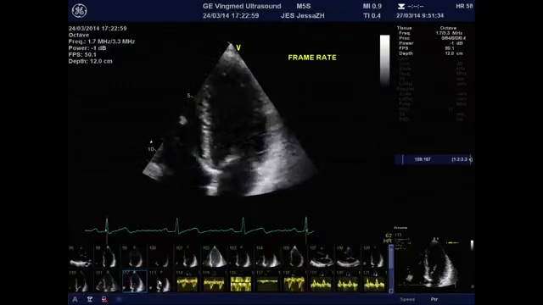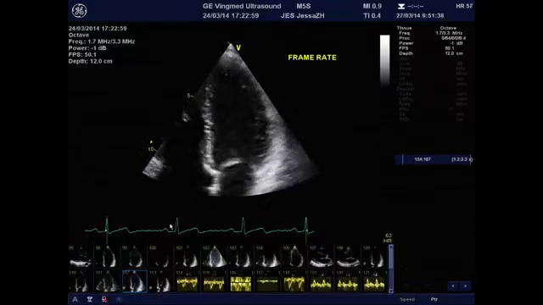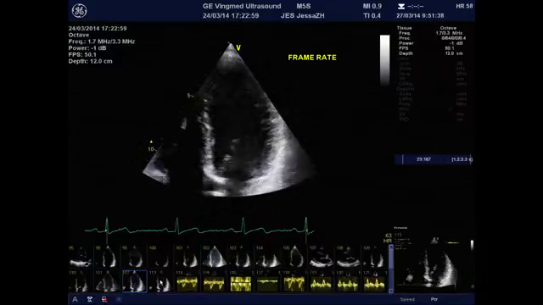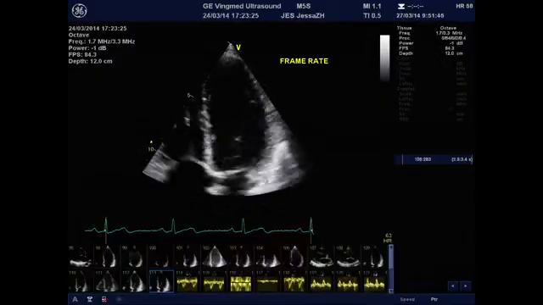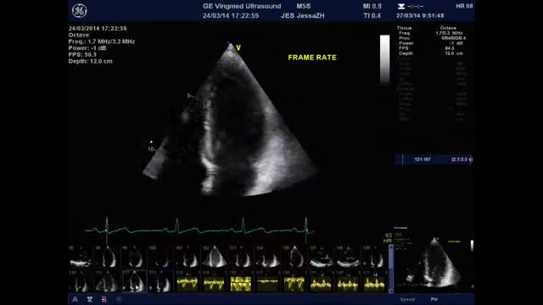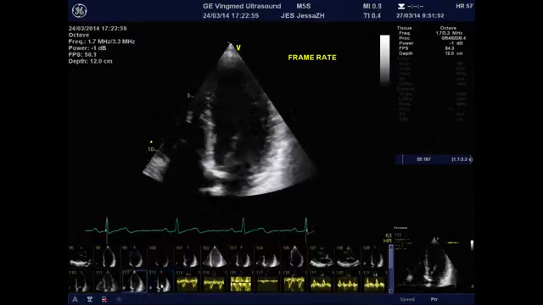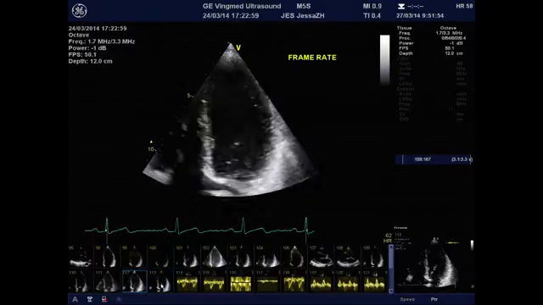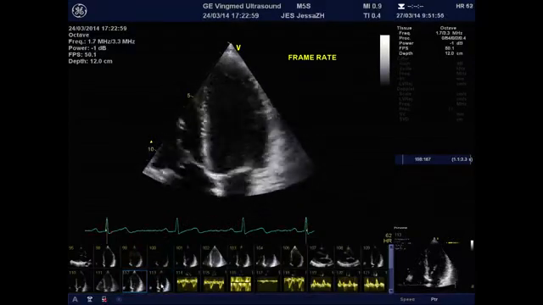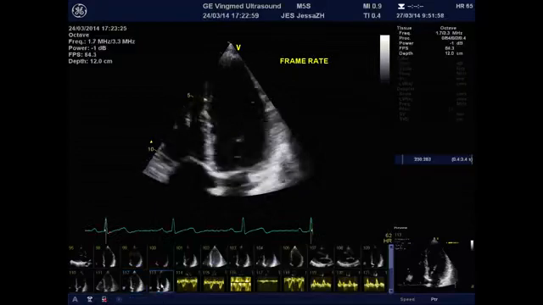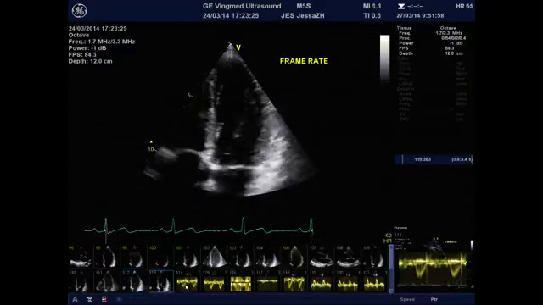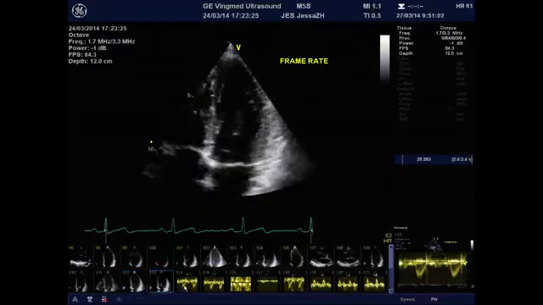And again, for certain post-processing algorithms like speckle tracking, you need a high frame rate. However, in this case, you see the frame rate is 84. In my other example, you can see where it's 50. In the normal echo setting, you should not have your frame rate too high in the 2D grayscale imaging because it will reduce your lateral resolution, and that you need to get optimal imaging.